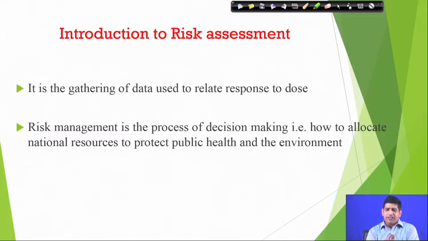Risk assessment and risk management is a process of decision making. Everything has a risk. Crossing a road has a risk, driving from point A to point B has a risk, even swimming in a swimming pool is a risk, going to the beach has a risk. So everything has a certain amount of risk. What we need to do is manage that risk.